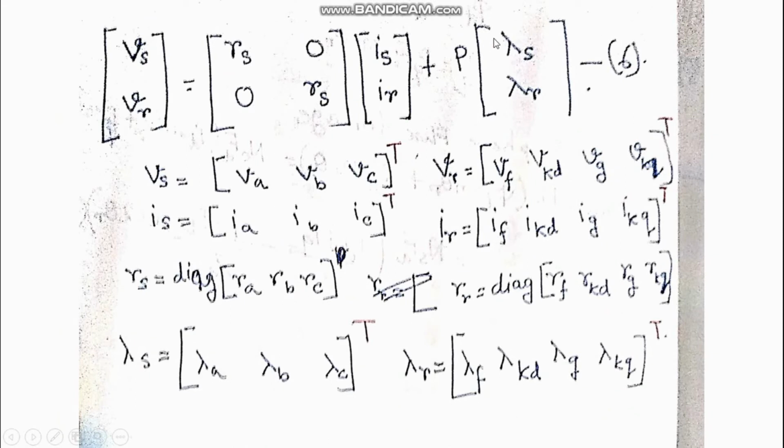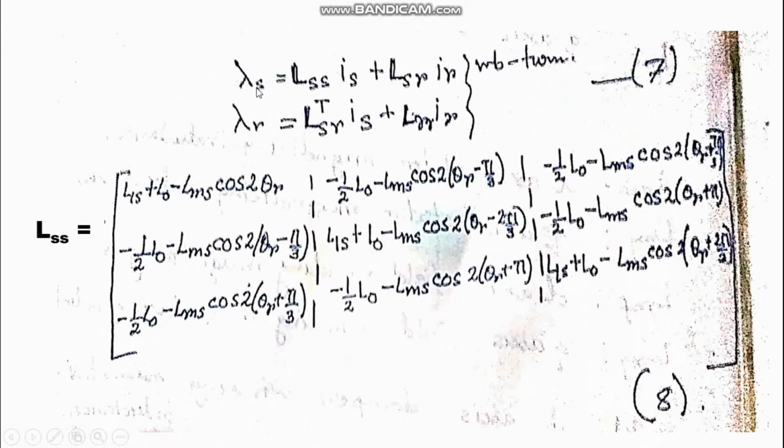Now if we go back, you can see that we need to obtain the differentiation of lambda s. If you look at the expression of lambda s, it is LSS IS. So if you try to perform differentiation of lambda s, then you have to perform DDT of LSS IS plus IS DDT LSS, and likewise.